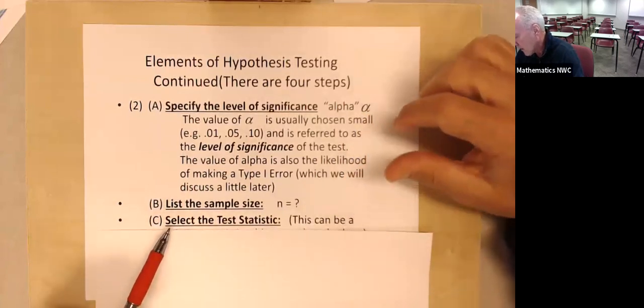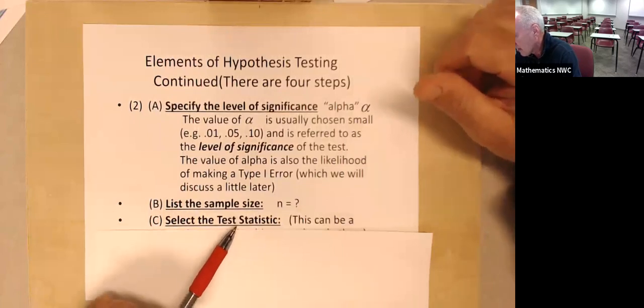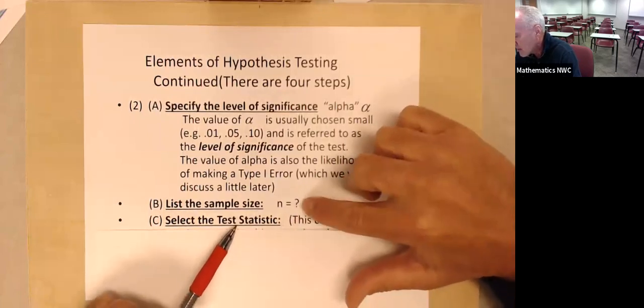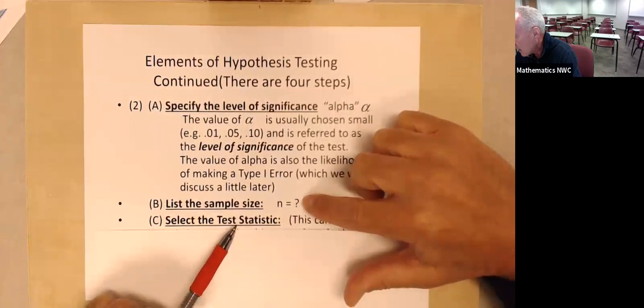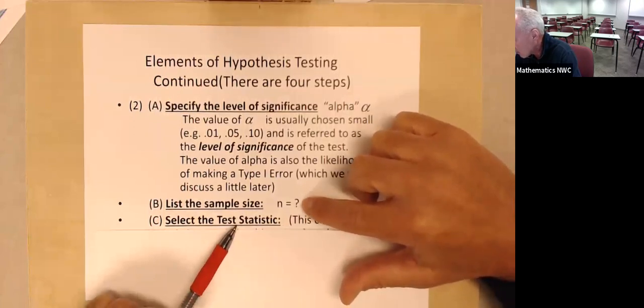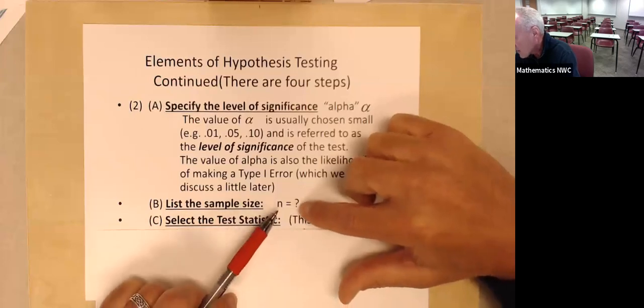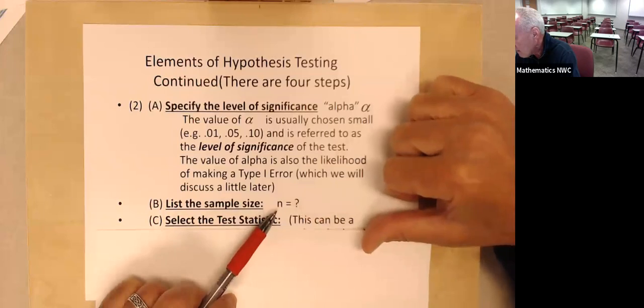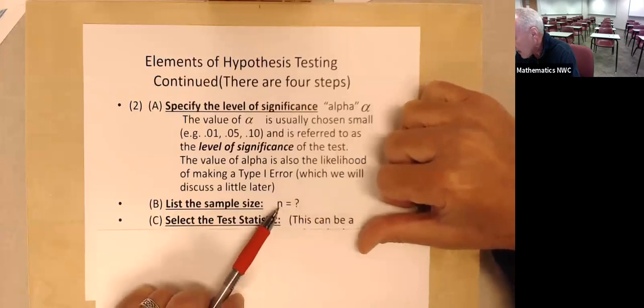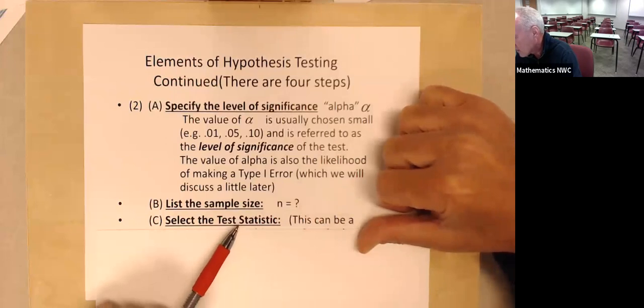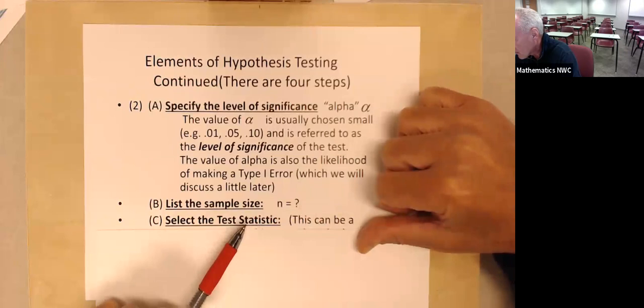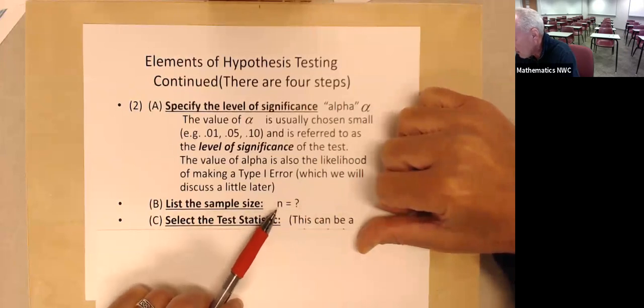We also select a test statistic. It is usually based on this sample, as well as what the problem might be talking about. If it's talking about mean or proportion or something else. For example, if I'm looking at a mean and my n turned out to be 20, the test statistic that I would choose would be a t, because I had a small sample, n was less than 30.